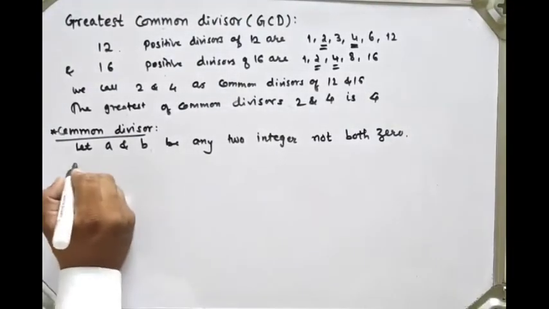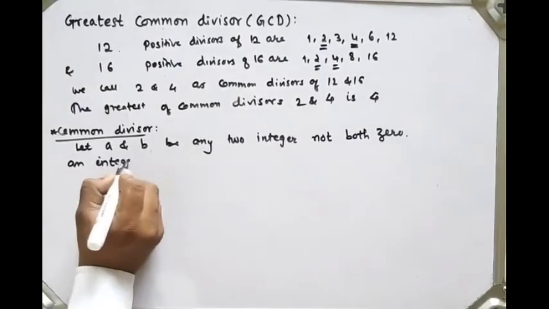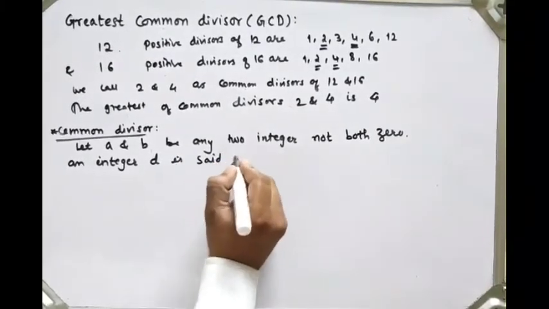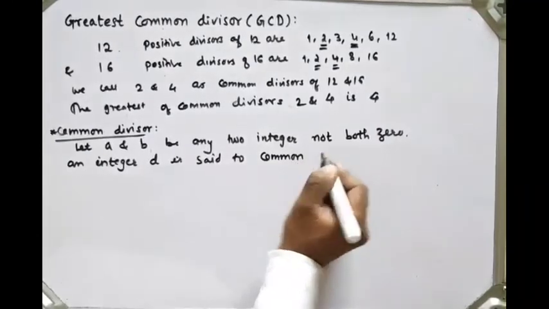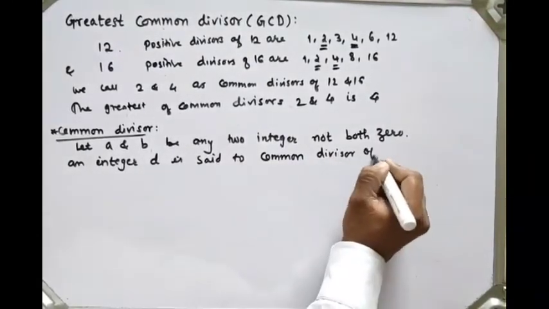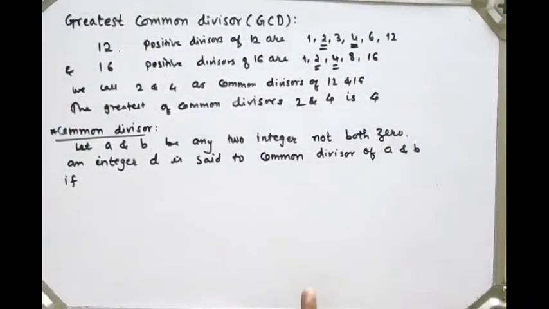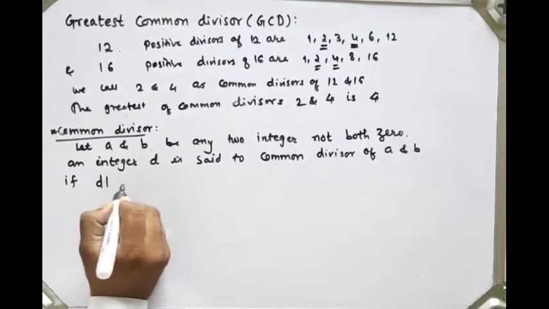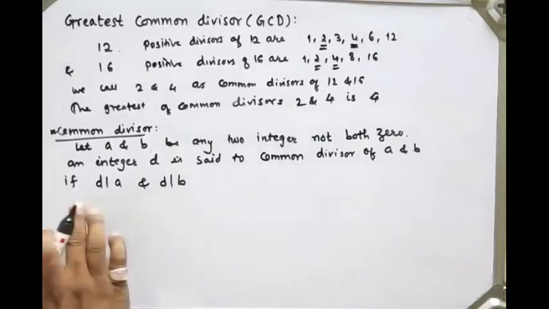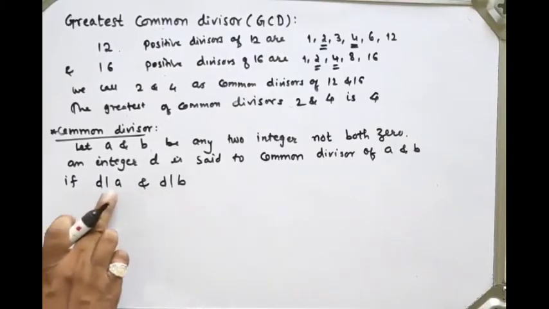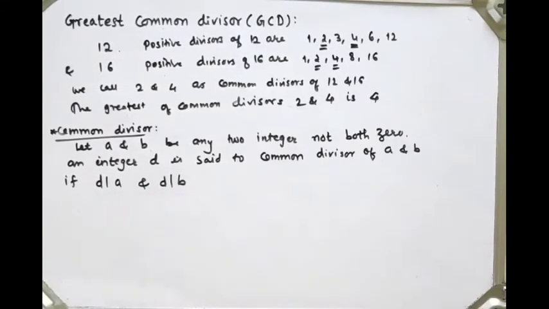An integer D is said to be a common divisor of A and B if D divides A and D divides B. Means D must be a factor of A and B, right? So this is the definition of common divisor.